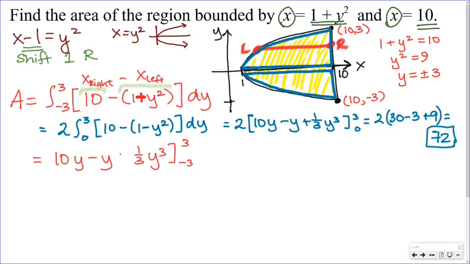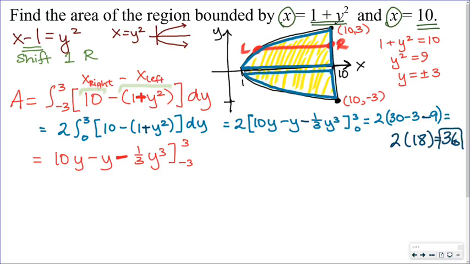Sorry, got to fix a couple of these so we can get our correct answer. Okay, so going back, this should be a minus here, and this should be a plus here. And so that would be a minus here and a minus here. Okay, that seems better. So we have 30 minus 12, which is 18 times 2, and we get 36.